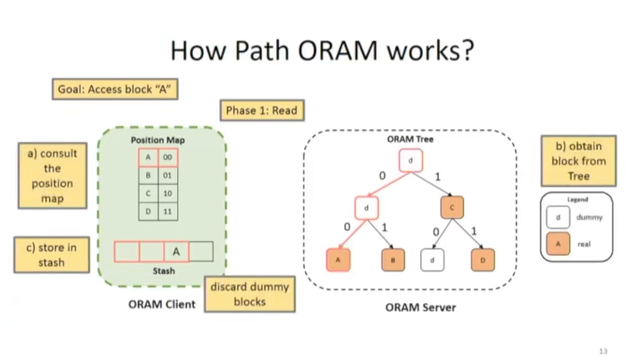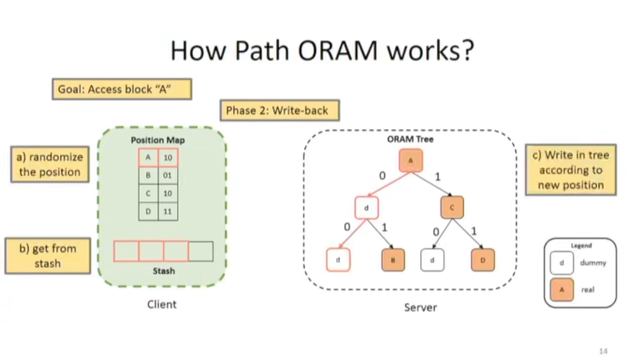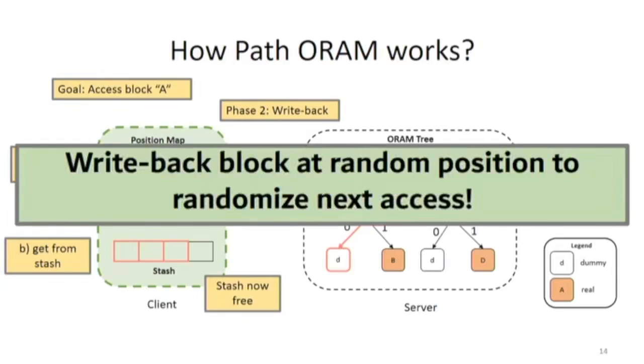We can't write back to a random path because that would again leak some information. We write back to the same path, but we ensure that we write it back to the position, here the root node, where it should be according to the randomized position we got, 1, 0. So we write back the block at a random position to randomize the next access.